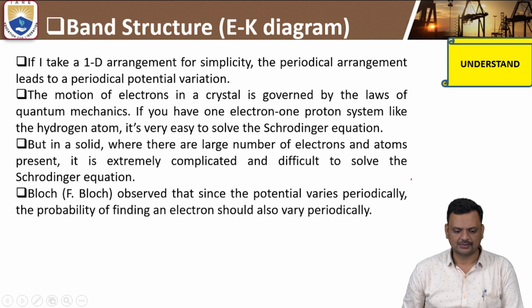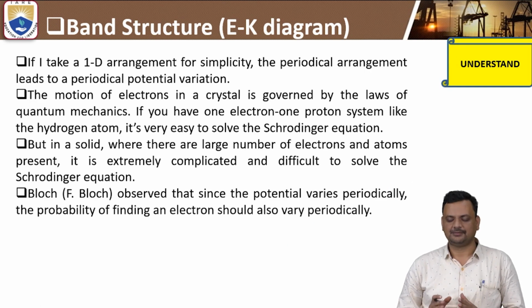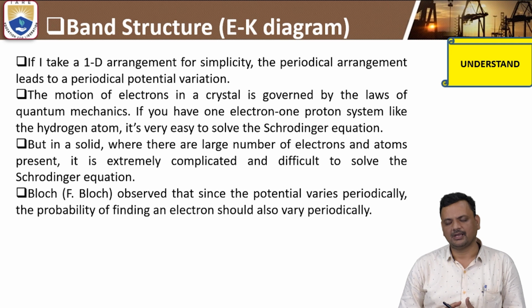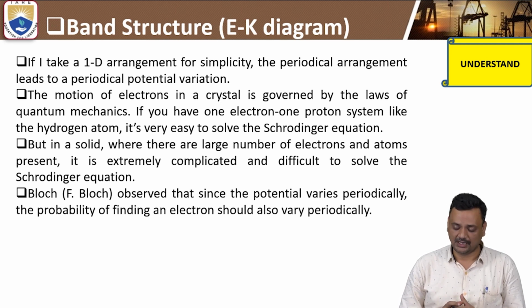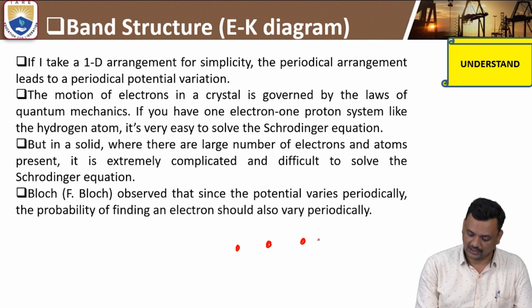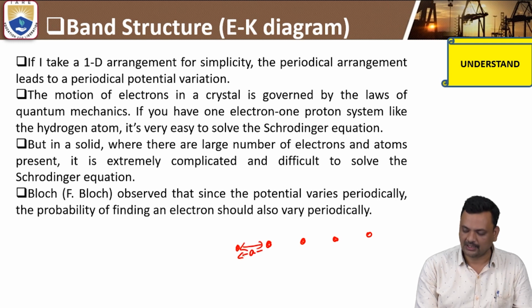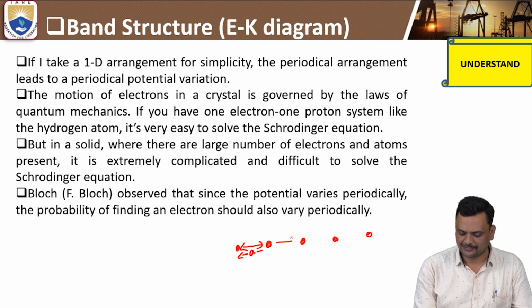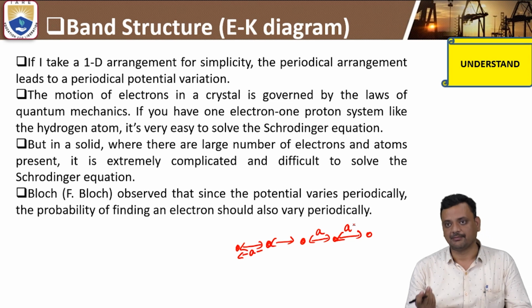Okay. So now, how will it arise? The first thing is that atoms are arranged in a periodic way. I already told you, periodic. Suppose this is the interatomic distance A. So everywhere the interatomic distance should be the same.